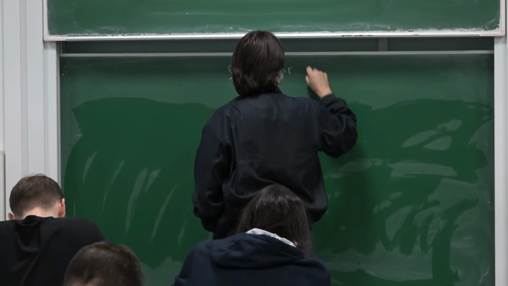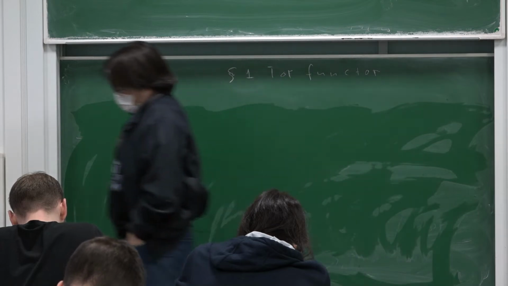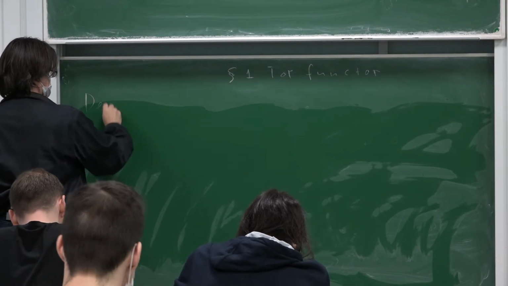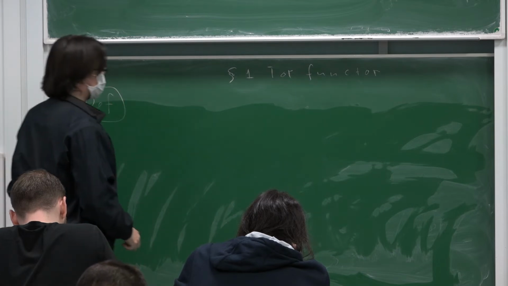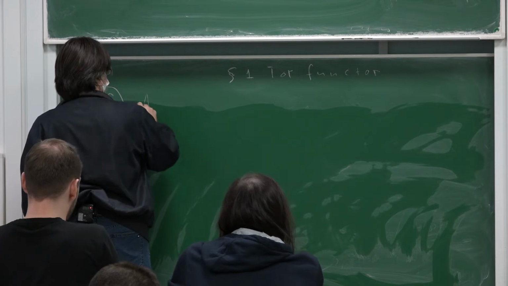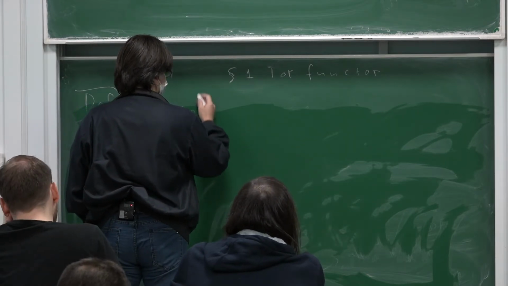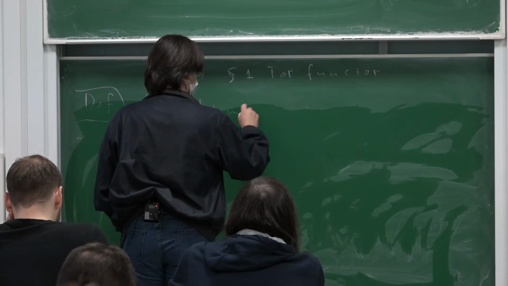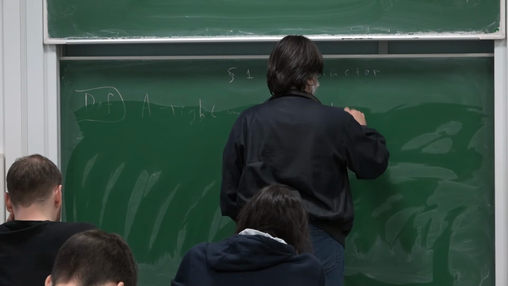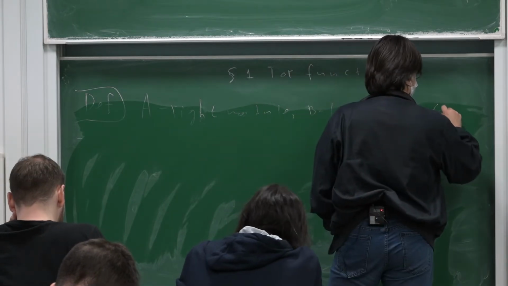The definition is quite easy. Let you have, for example, A and B. A is a right module, B is a left module, both of them over R.